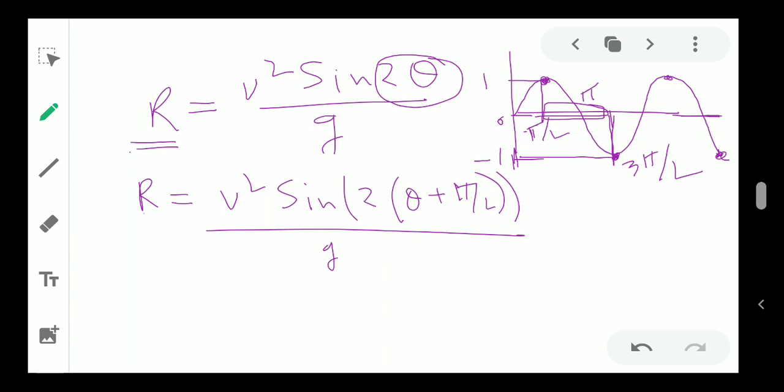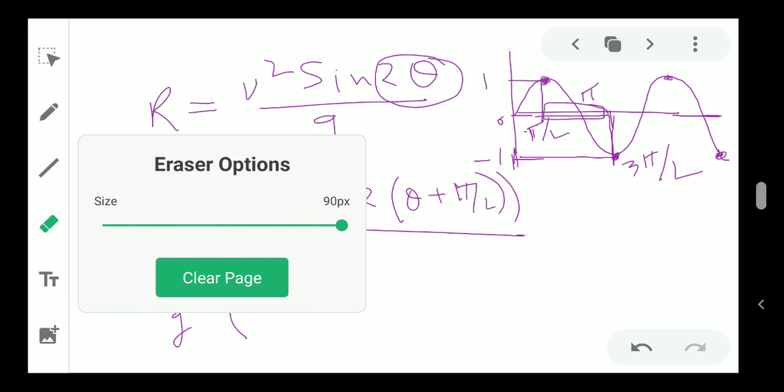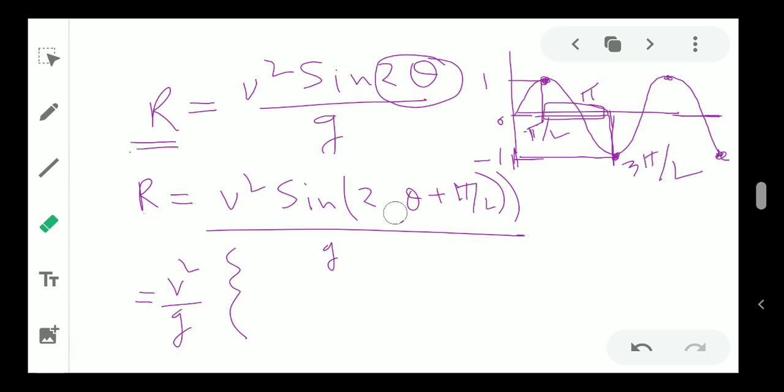Let me see. So v square by g is coming out, and I get 2 theta and pi if I multiply by 2. So I have two things, sin 2 theta and plus sin pi.